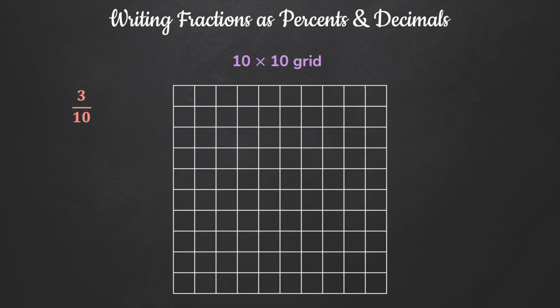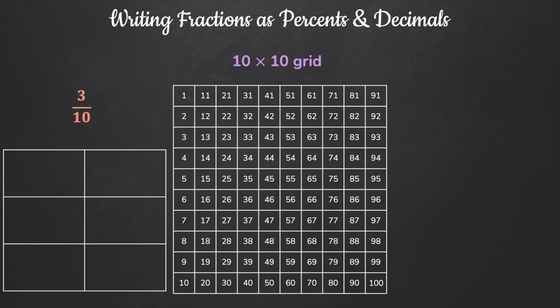Here we have another example, which is 3 out of 10. And we know that percents are out of 100, so what we're going to have to do is find the equivalent fraction that has a denominator that is 100. So in order to do that, we're going to have to take 10 and multiply that by 10. And 10 times 10 is equal to 100, but whatever we do to the denominator, we have to do to the numerator as well.